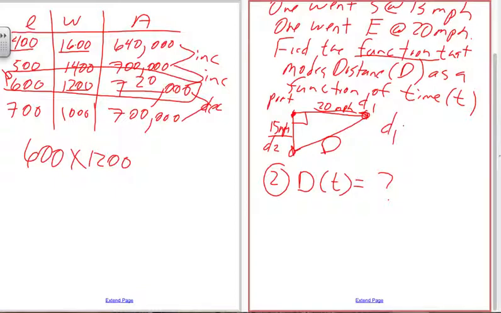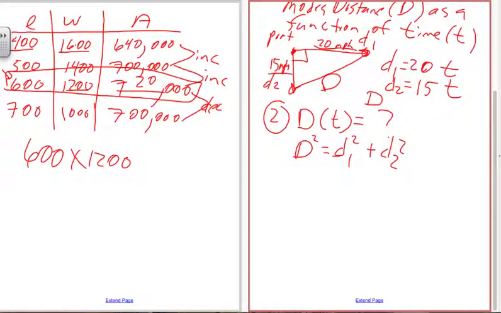Distance 1 is the speed that that ship is traveling, which is 20 miles per hour, times the time it takes it. D2 is going to be the speed that ship is traveling, 15 times T. So my distance squared is going to be equal to D1 squared plus D2 squared.